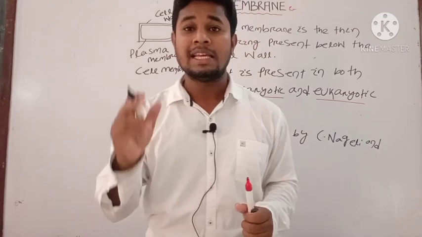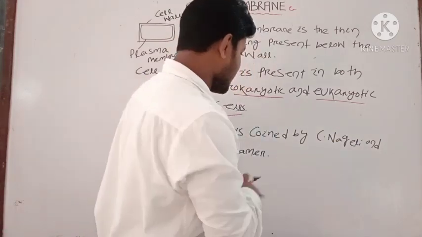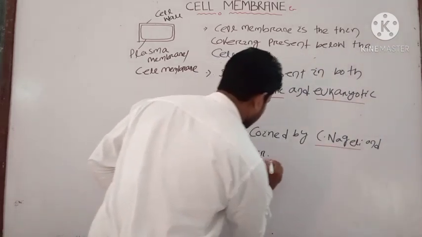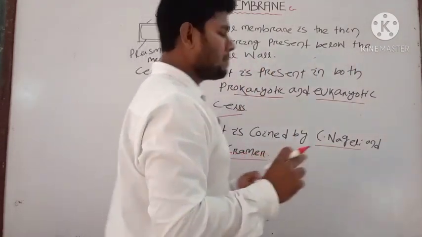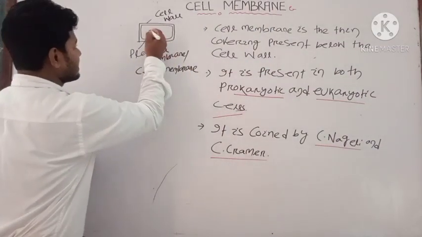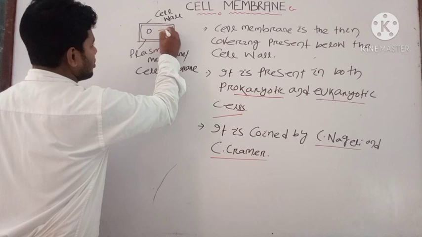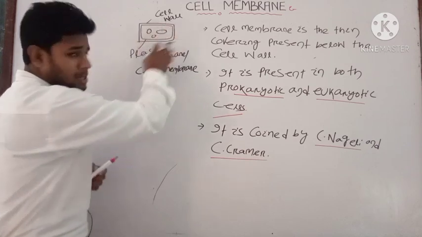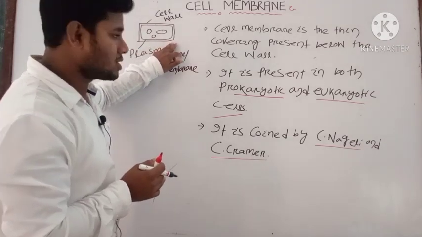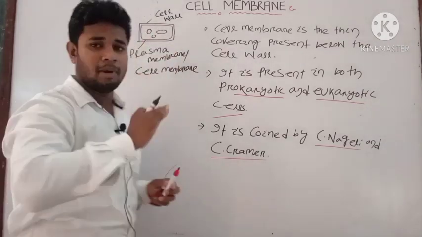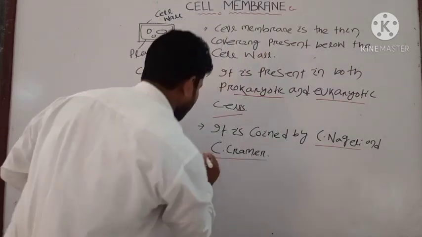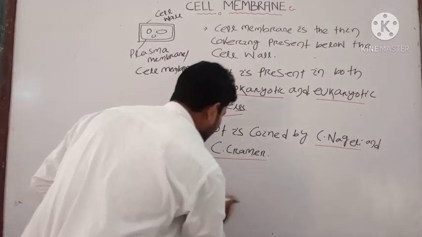C. Nageli and C. Kramer first coined the term cell membrane. We have previously discussed that there are several cell organelles like the nucleus, mitochondria and chloroplast. These are present inside the plasma membrane, which is called the protoplasmic structure. As the plasma membrane covers all the cellular organelles, it is also called the plasma membrane or cell membrane.